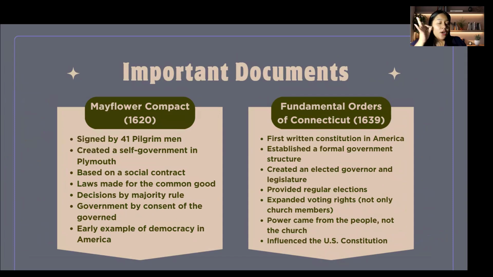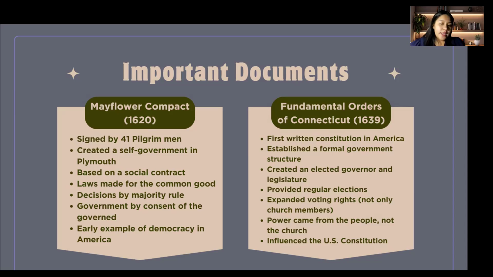In this document, they agreed to create a government based on majority rule and to make laws for the common good of the colony. So, this was important because it introduced the idea of a social contract, which means that government exists because people agreed to create it. It also showed the idea of government by consent of the governed, which later became a key principle in the United States.